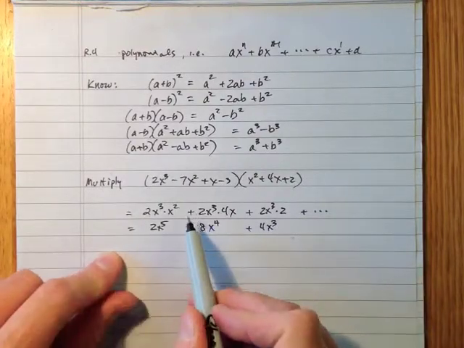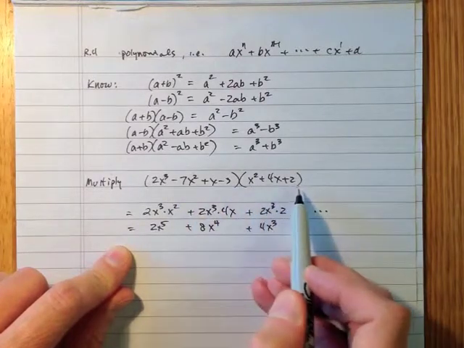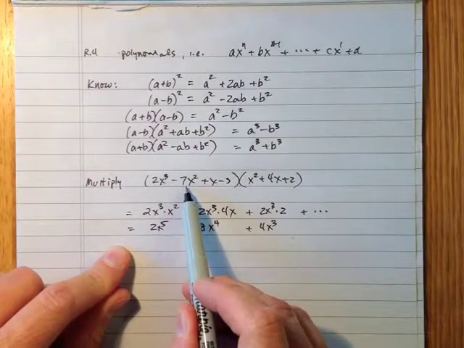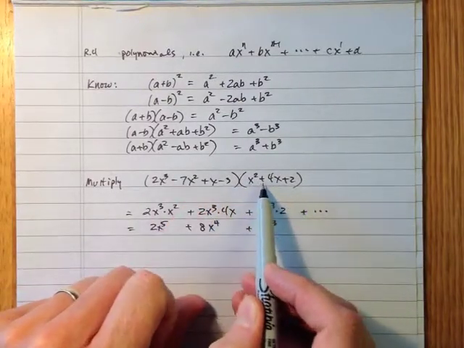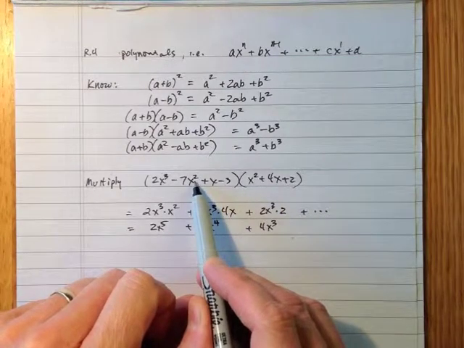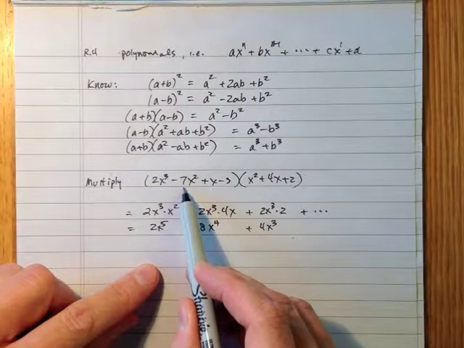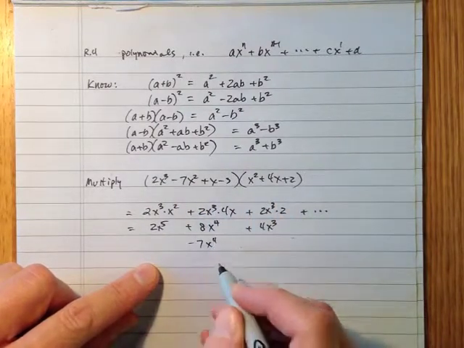Now I'm going to do a line break and multiply the negative 7x squared times each of these guys. So notice every time I multiply negative 7x squared times each of these guys, the exponents get increased by 2 because I'm multiplying by x squared and exponents add. So when the negative 7x squared hits that, I'll get negative 7x to the fourth.